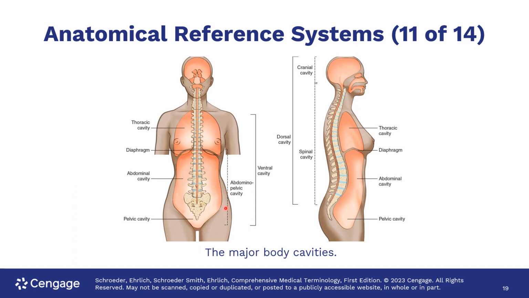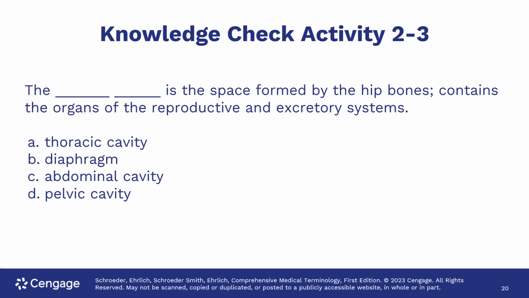And there is the pelvic cavity, the cranial cavity, and the spinal cavity that make up the dorsal cavity. The pelvic cavity is the space formed by the hip bones that contains the major organs of reproductive and excretory systems.